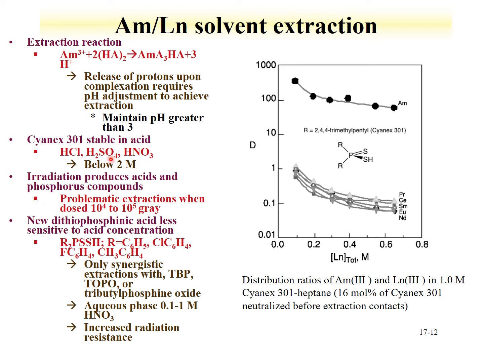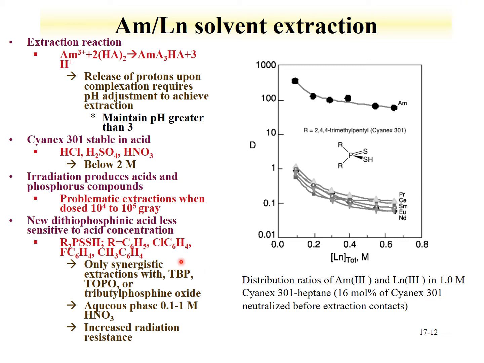Radiation studies have also been performed with phosphorus compounds, and extractions start to become problematic at relatively high doses, and this has led to the synthesis and characterization study of other phosphonic acids that tend to be less sensitive to the acid concentration, less sensitive to radiation and hydrolysis effects.